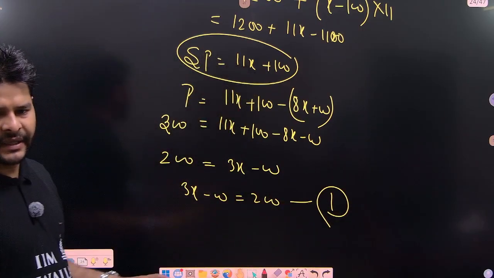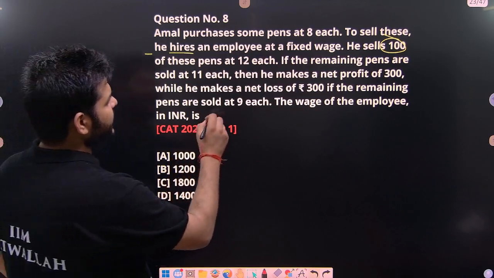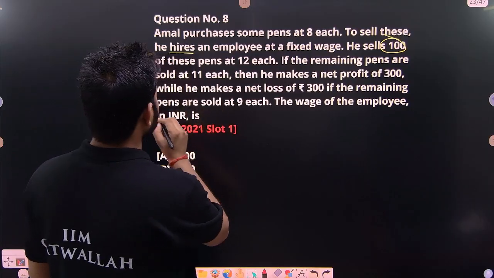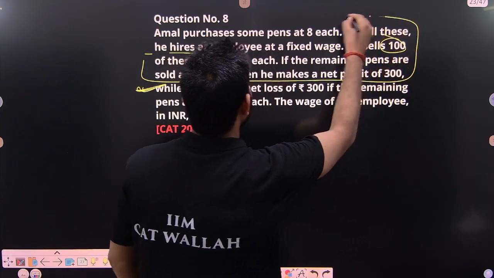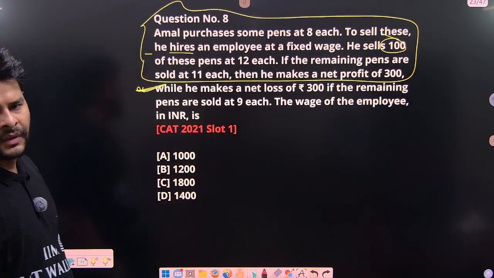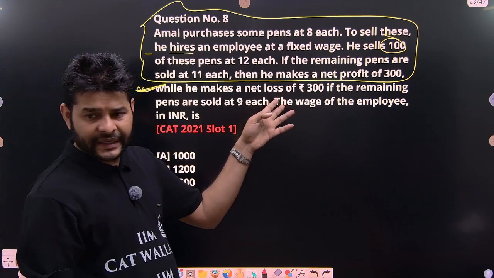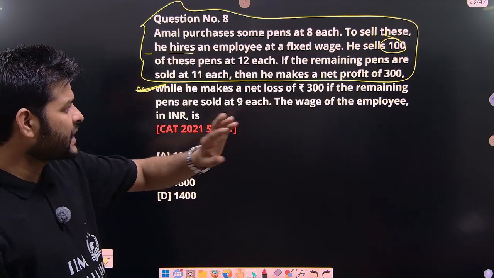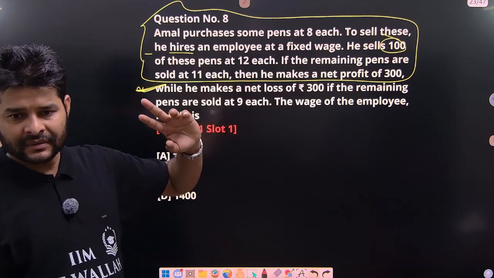Now the second thing, the second condition: he makes a net loss of 300. He bears a loss of 300 rupees if the remaining pens are sold at 9 each.